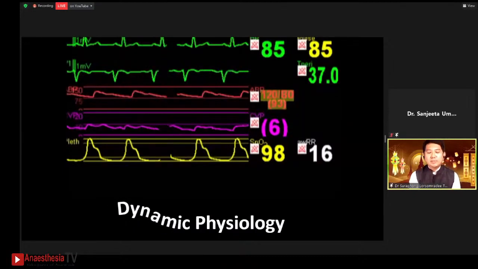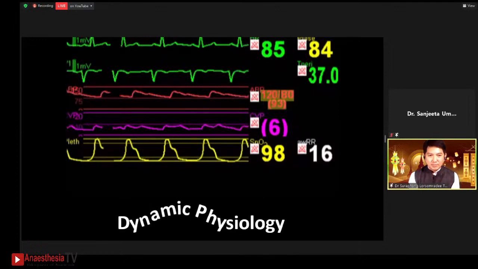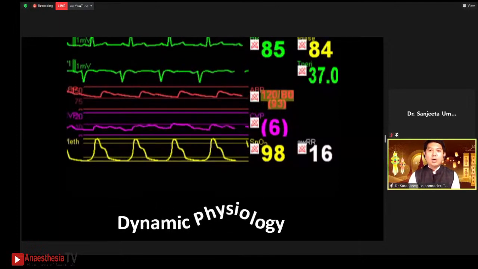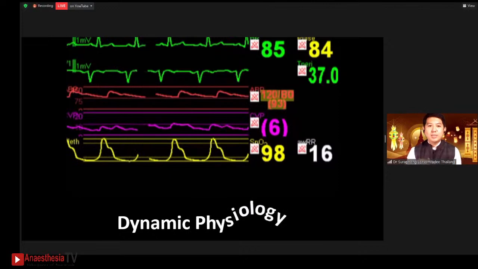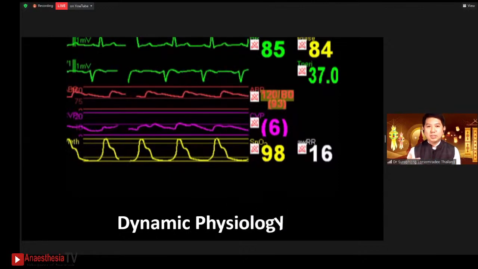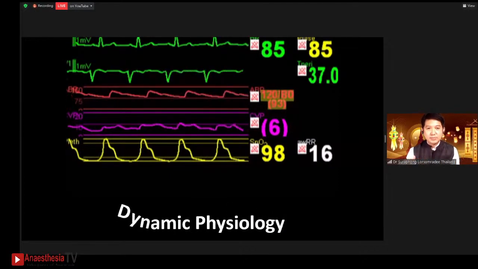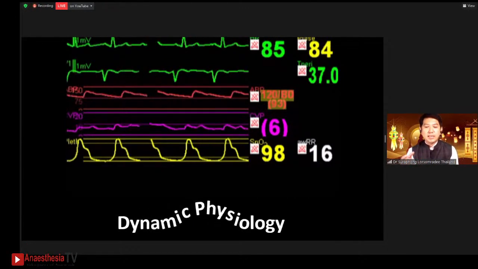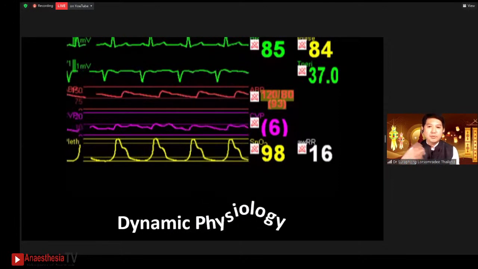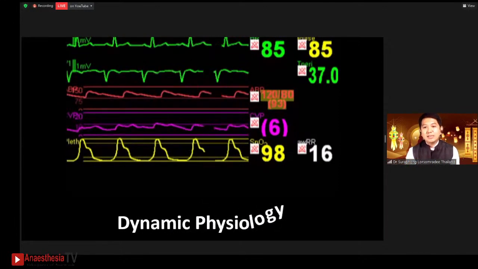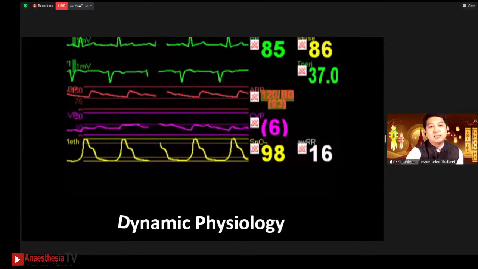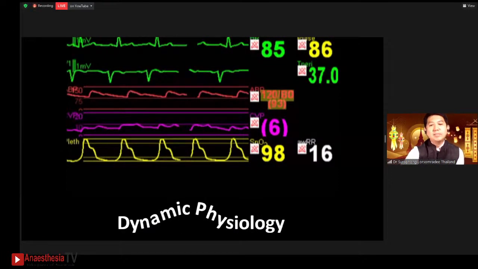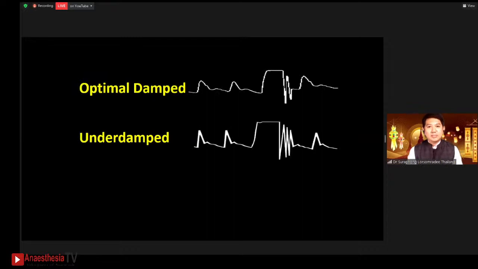Before we go into details about hemodynamics, we have to understand that hemodynamics is always changing, going up and down all the time. For hemodynamic monitoring in minimally invasive cardiac surgery, we always have to understand the dynamic physiology. So every time we have the arterial line or the central venous line or anything else, we have to make sure that our data is reliable or not.